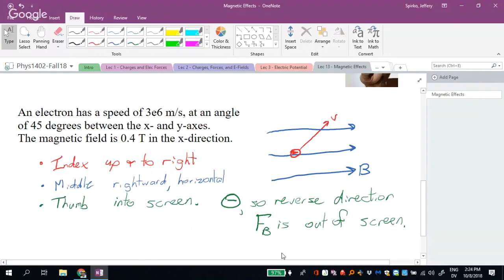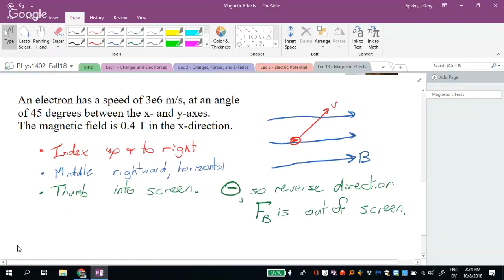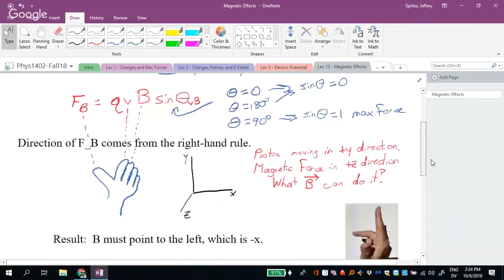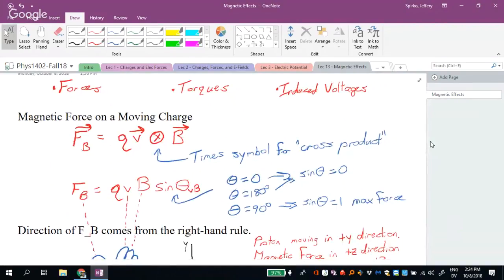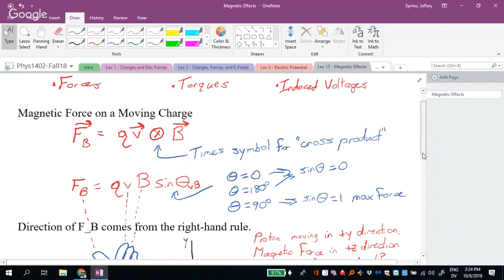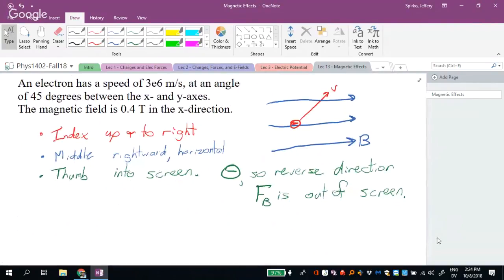How do you like to flip it? It's because of the minus sign in the Q. Because really, our math was only dealing with the V and the B part of the formula. Our right-hand rule is really just for the V and the B part. And if the Q happens to be negative, it reverses everything. Well, it reverses the force. So basically, the rule is if you have a negative charge, you have to reverse something.